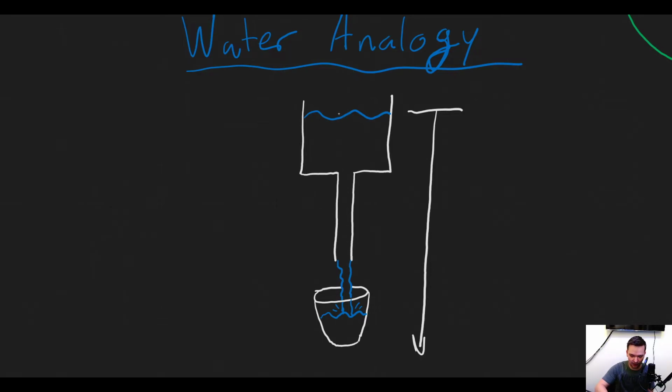If I have a really tall amount of water here, then the pressure down here somewhere is going to be pretty high. If I only have water up to here, then the pressure in that same spot is going to be pretty low.